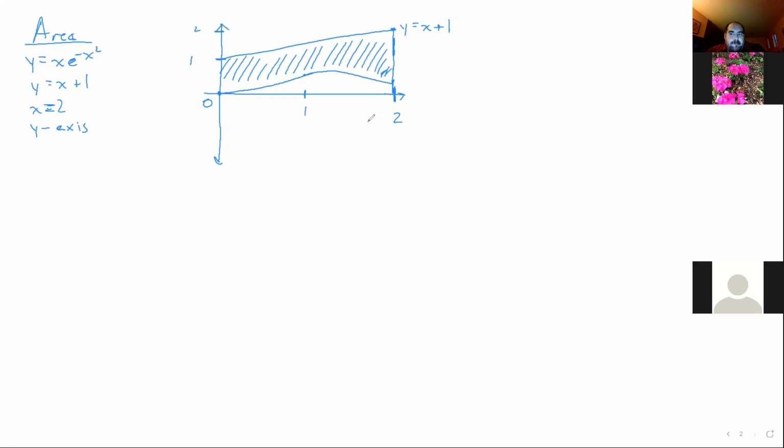You're doing this without graphing it. Would you just plug in 1 and see which gives you a greater value? Yeah, absolutely. So if x equals 1, then y1 equals 1 over e, and y2 is equal to 2.